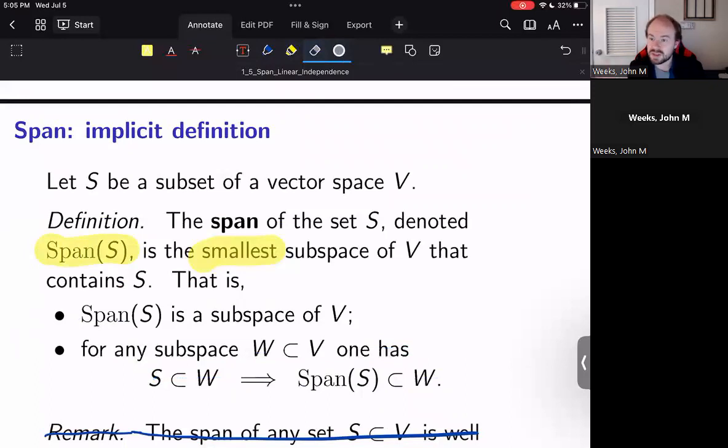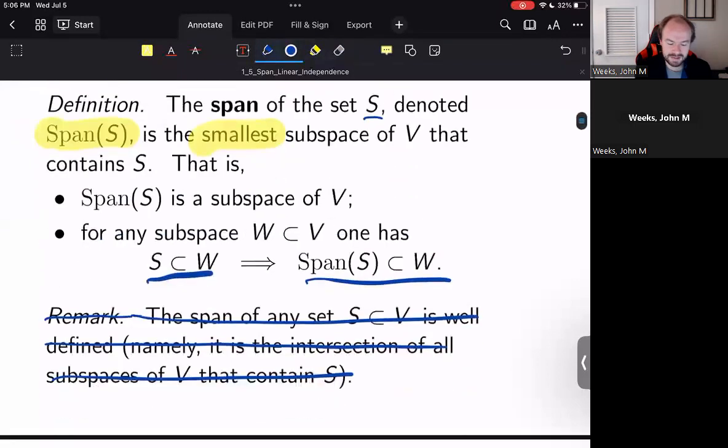And if you had any other subspace containing all of the elements of your set S, then it also contains the span of S. That's what it means to be the smallest subspace. Anything else with this property contains span S.